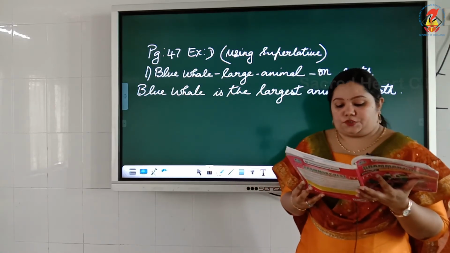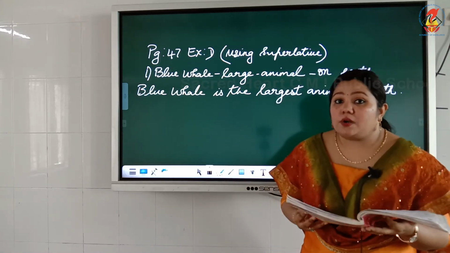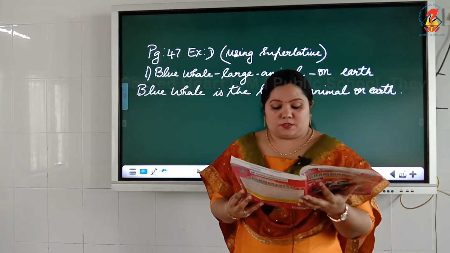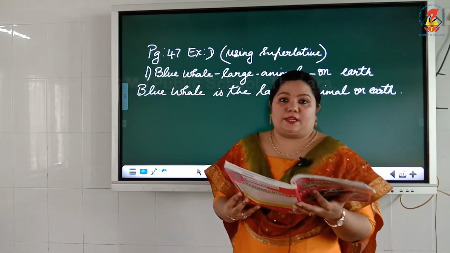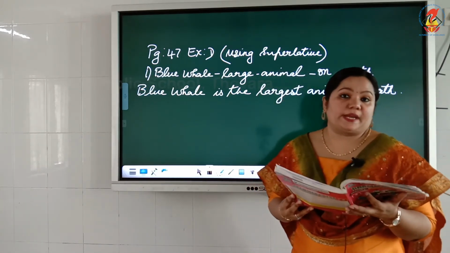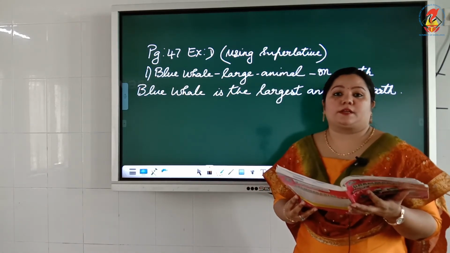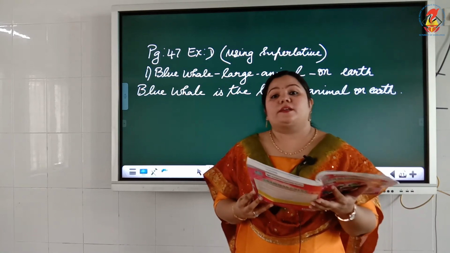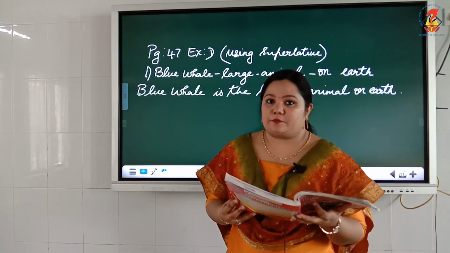Now the second one: a giraffe is dash than an elephant, and the word tall is given in the bracket. You are going to compare a giraffe and an elephant. Two animals are being compared, and so it is in the comparative degree. That sentence should be in the comparative degree, and so we write a giraffe is taller than an elephant.